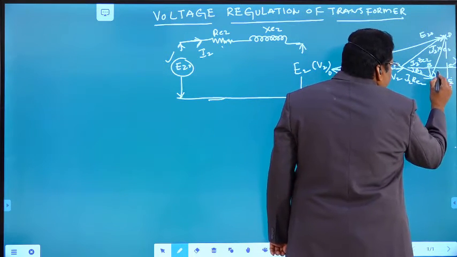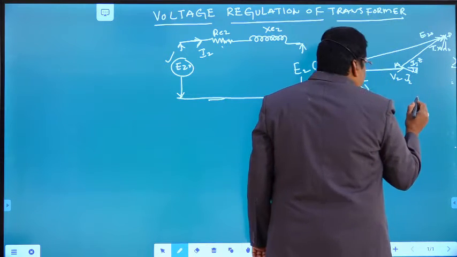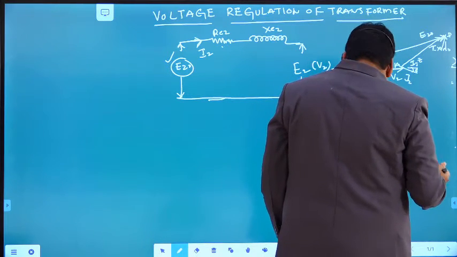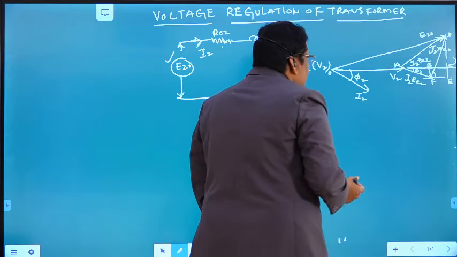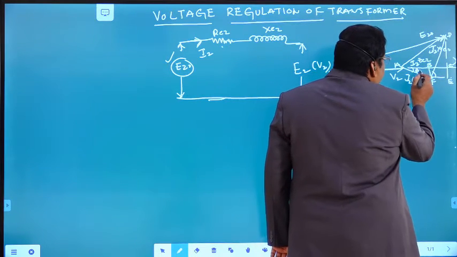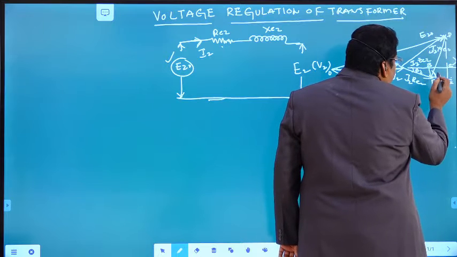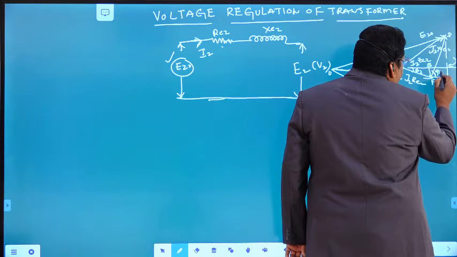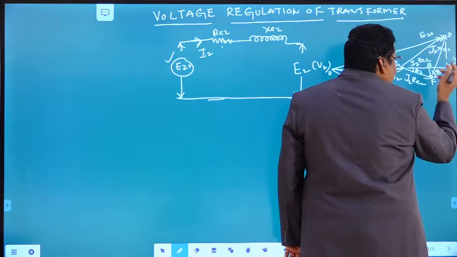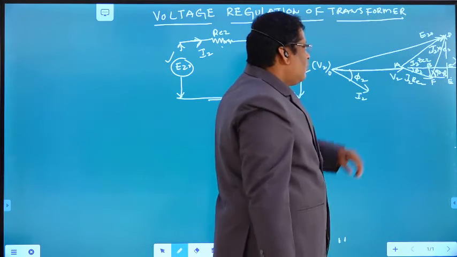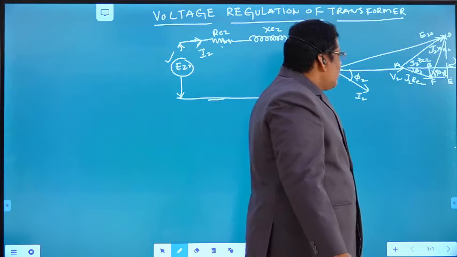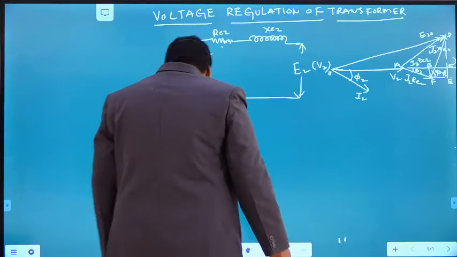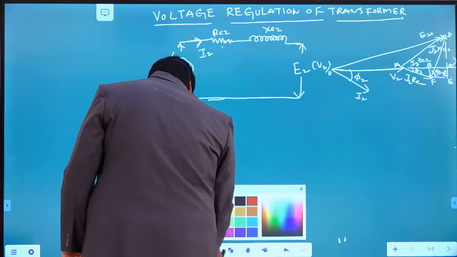This angle becomes pi by 2. Now this angle becomes 90 minus pi by 2. Applying the triangle theorems, you come to know that angle. So this is pi by 2, and this angle is 90 minus pi by 2.